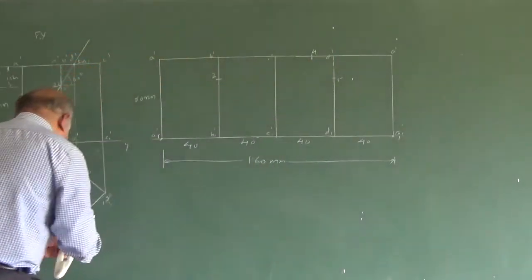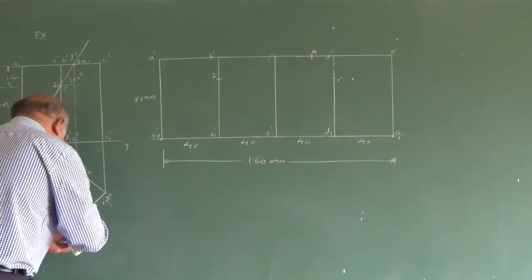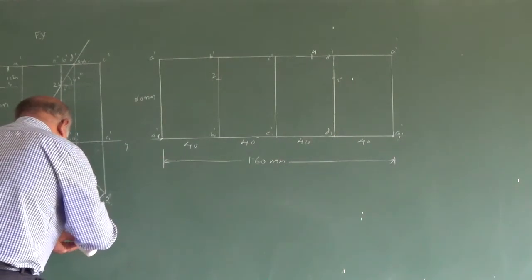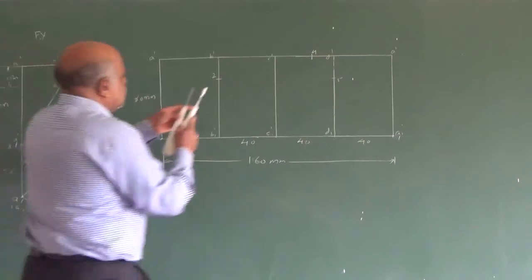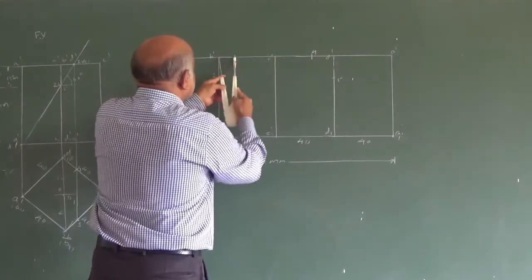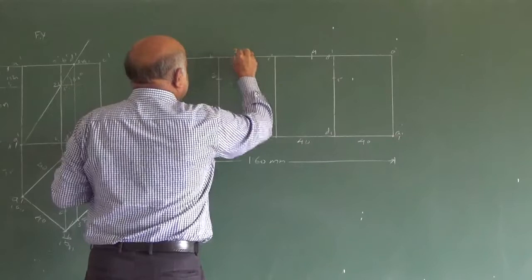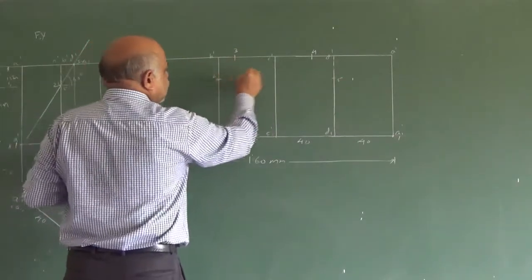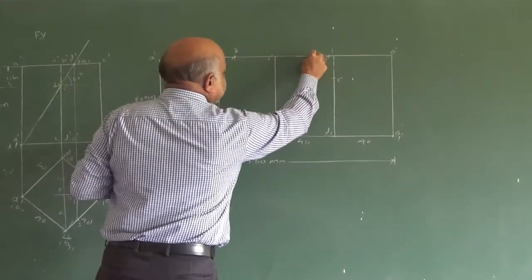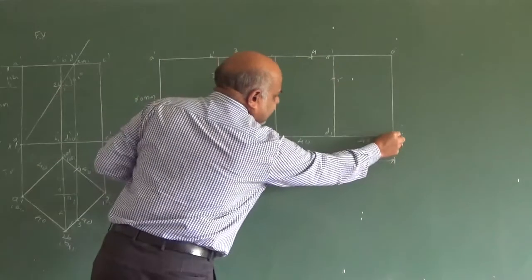And in between B to C, this much amount of gap is there. This is number 3. 1, 2, 3, 4, 5 and once again 1.